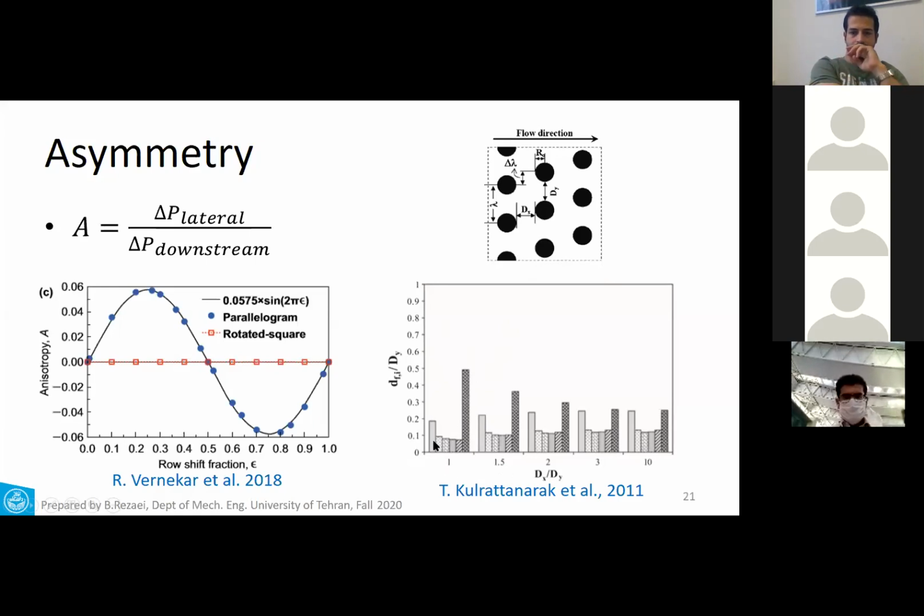You see the first width of the lane is much smaller than the last one. But if there is a symmetry, it should be equal. And you can see that for the ratio value of 10, they are symmetric. So he concluded that for dx to dy equal to or greater than 3, there is some kind of symmetry.